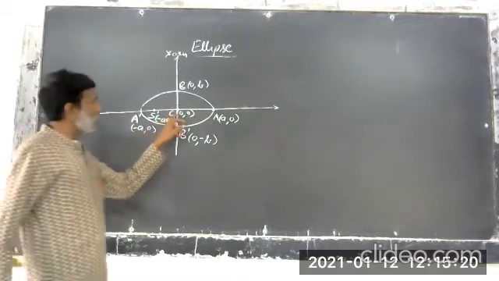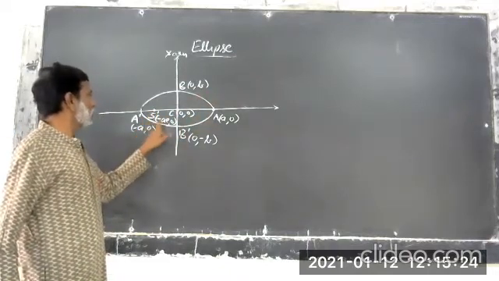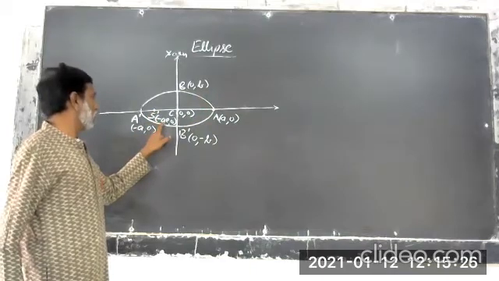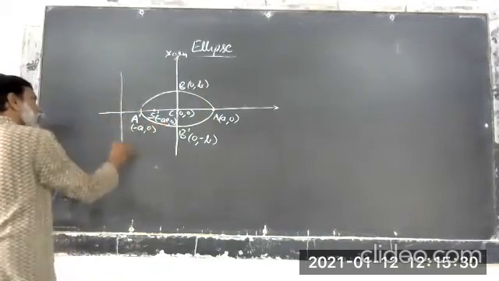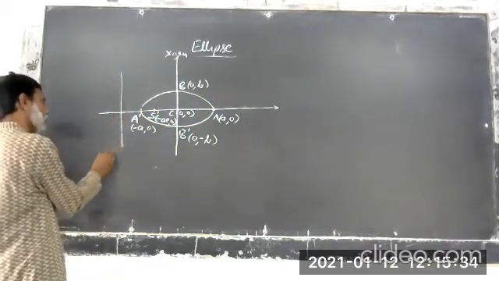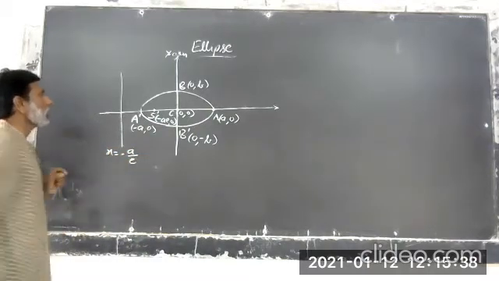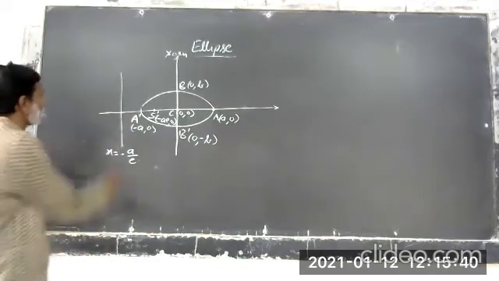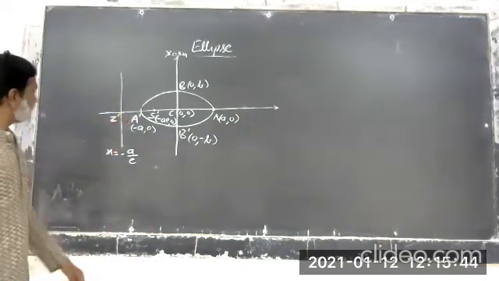C is called the center of the ellipse, and S dash is one of the foci. With respect to this focus, the equation of the directrix was also found. This is x is equal to minus a upon e. And this point is denoted by Z dash.